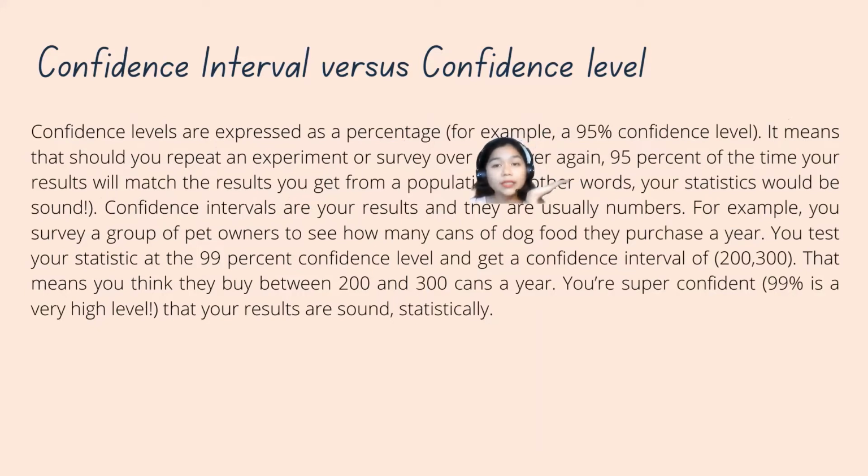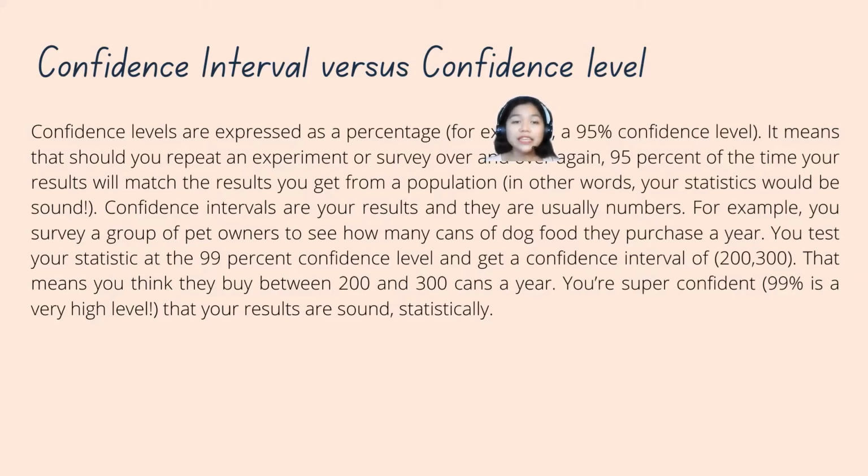In other words, your statistics would be sound. So, yun po yung confidence level. Pagka sinabing 99% confidence level, okay, kahit gumawa ka pa ng survey for the 100 times or for the 1,000 times or even for 1 million times, confident ka na 99% it would give you the same results all over again. Yun yung confidence level.